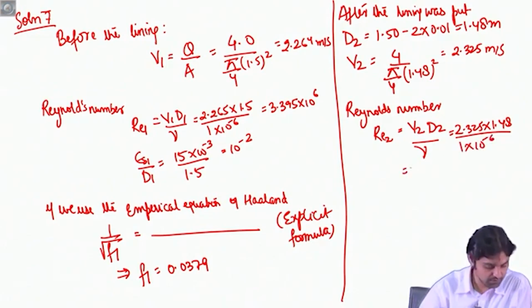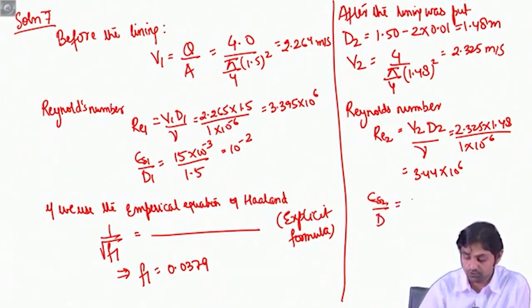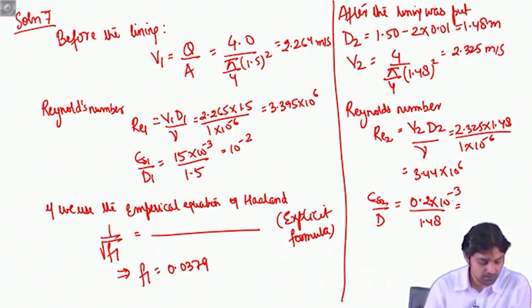So, it comes out to be 3.44 into 10 to the power 6. Similarly, epsilon S2 by D, we said it has been reduced to 0.2. So, it has become 0.2 into 10 to the power minus 3 meter divided by 1.48. So, this value comes out to be 1.35 into 10 to the power minus 4.